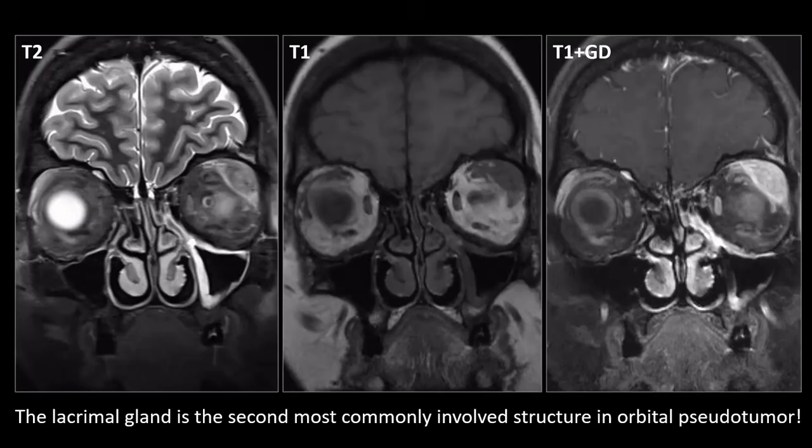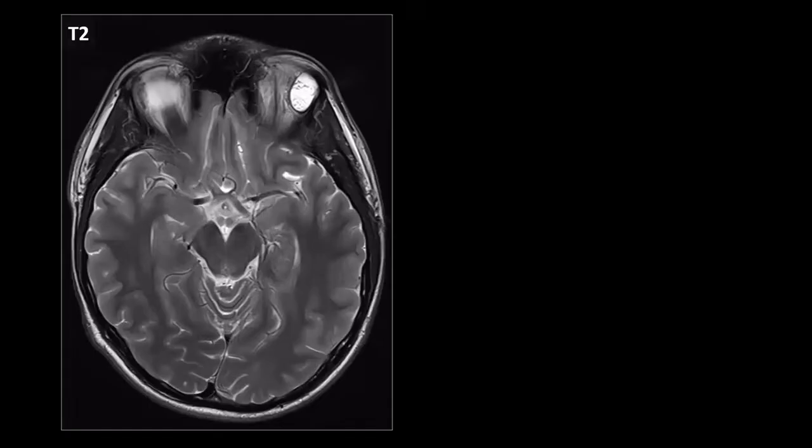So this was an orbital pseudotumor, and the lacrimal gland is the second most commonly involved structure in idiopathic orbital inflammation, or so-called orbital pseudotumor, next to the extraocular muscles.